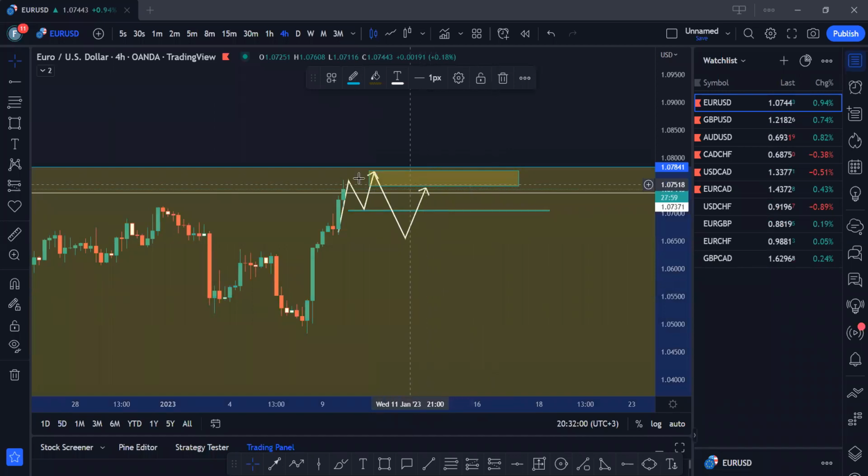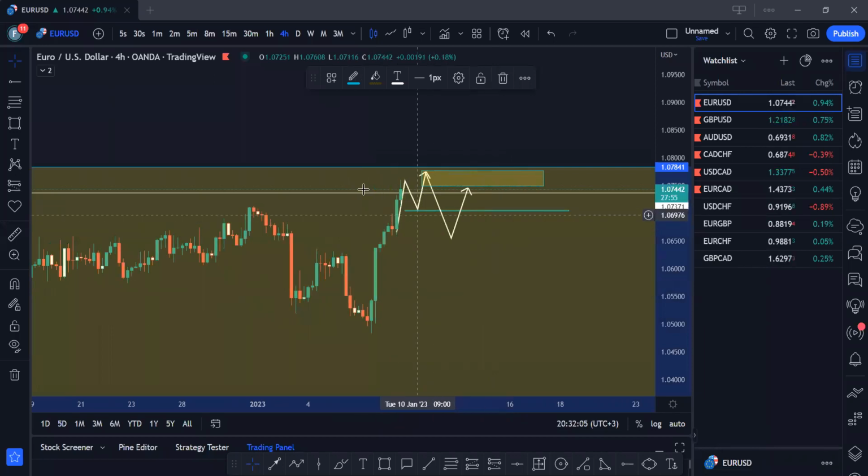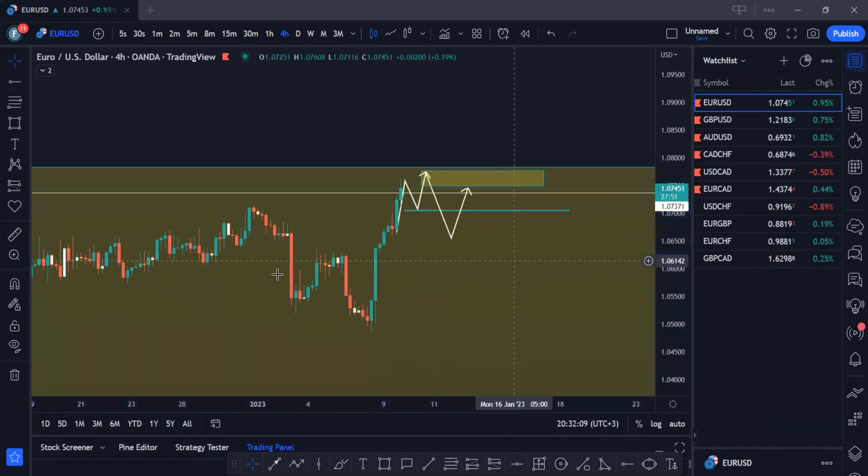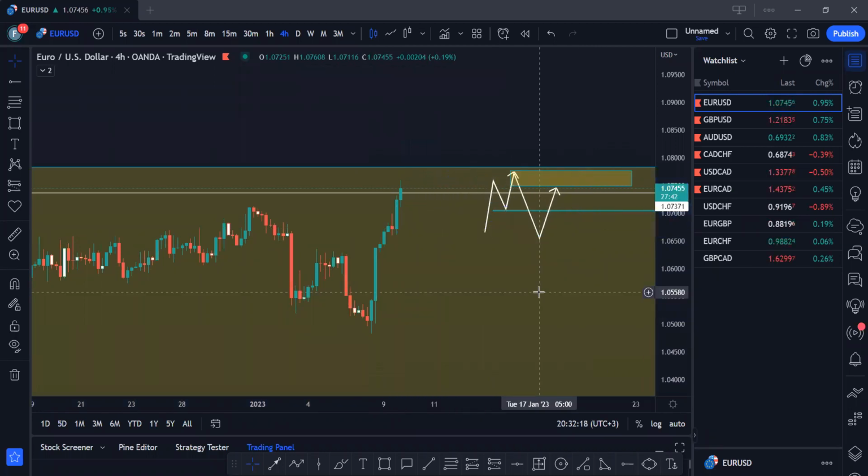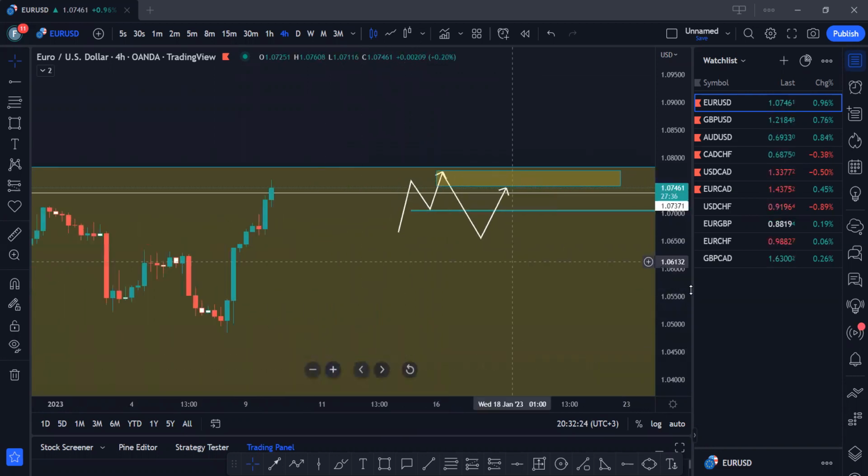Okay. So the other scenario that can happen is if this supply zone does not get respected. Give me a second. So if this supply zone does not get respected, what can happen is very, very simple.